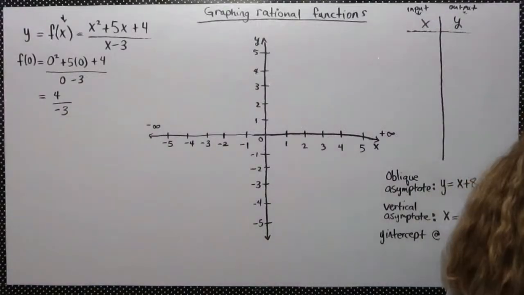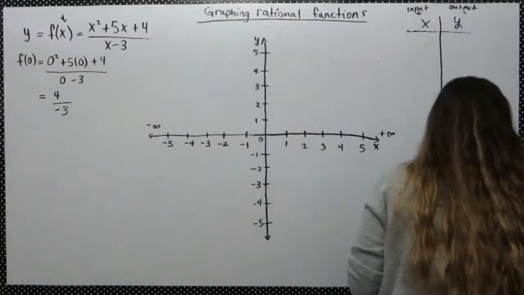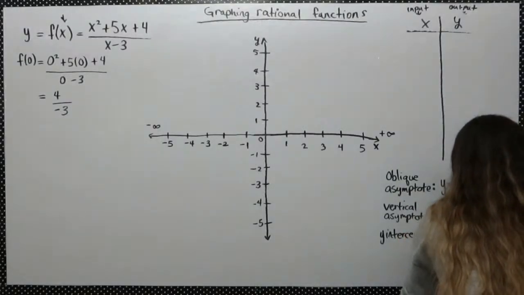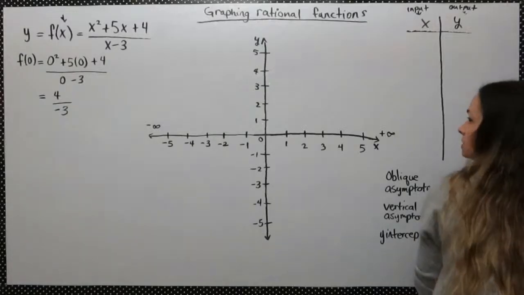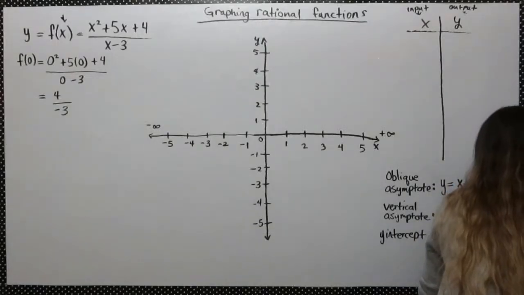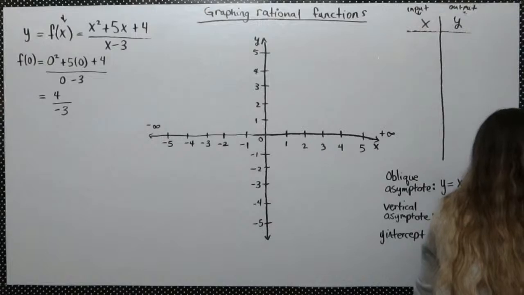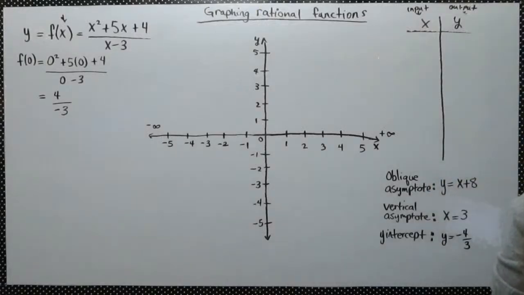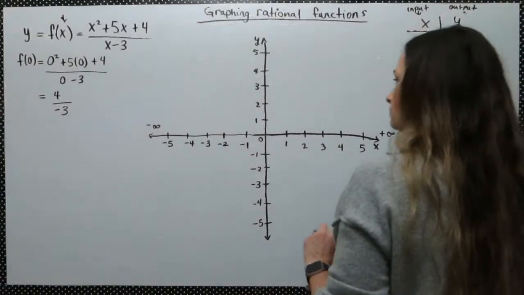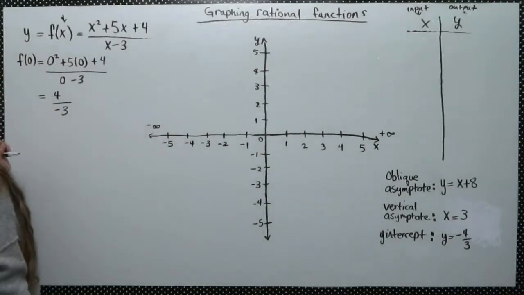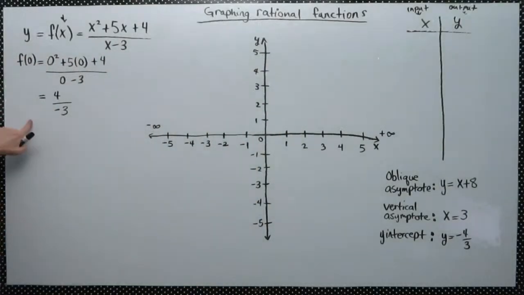Sorry, so that would be y equals 4. Was it negative? Yeah. So it's going to be negative 4 thirds. All right. So we've got that out of the way.